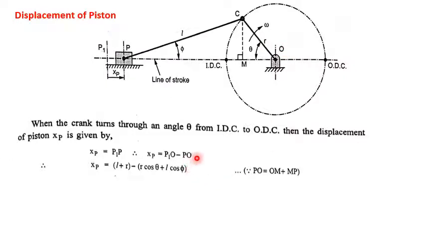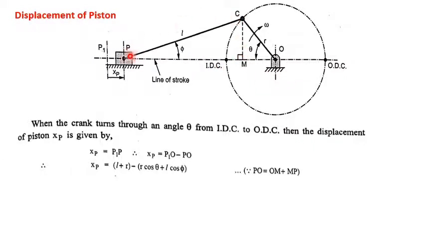Whereas PO can be written as follows, because here we are going to obtain the two extreme points. If I consider the total length PO, it is nothing but PM plus OM, right? Now PM is nothing but what?